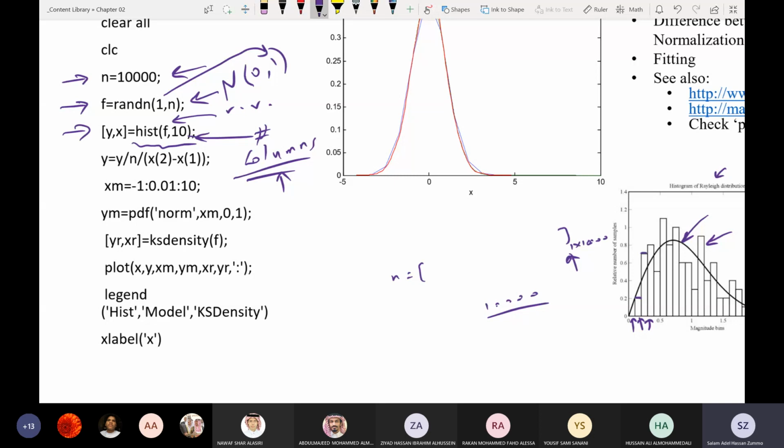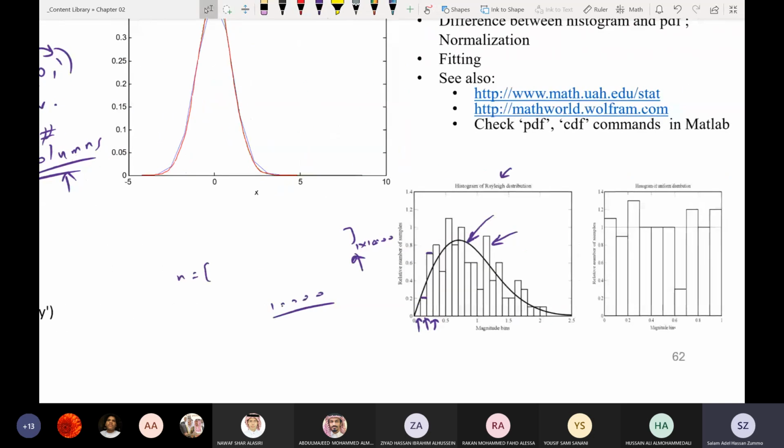If you use 100 columns, then these parts will be much smaller. So instead of dividing it into 10 areas, it will be 100 columns, which will make the histogram smoother.